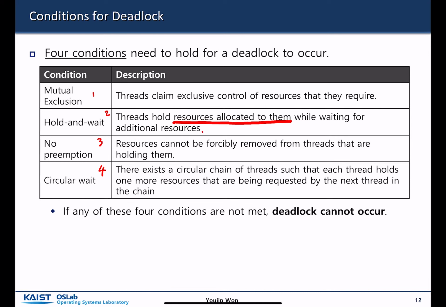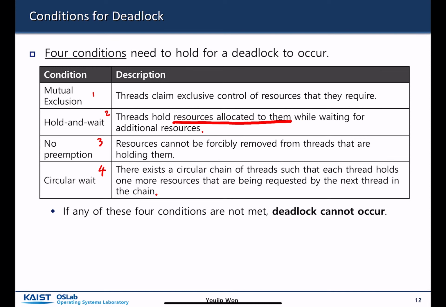No preemption stands for the situation where the resources cannot be forcibly removed from the threads that are holding them. Circular wait means there is a circular chain of threads such that each thread holds one or more resources that are being requested by the next thread in the chain.